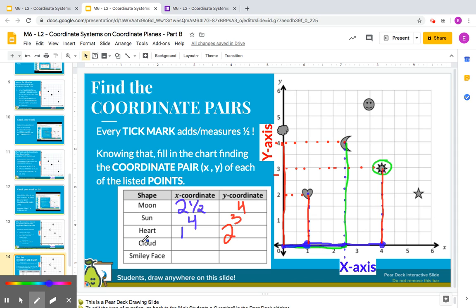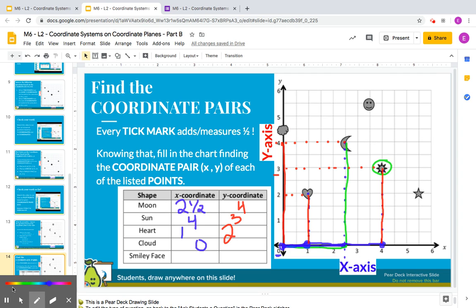Now let's see my cloud. Found my cloud. See where it goes on the x-axis. Well, my cloud doesn't go over. It stays on this origin, meaning where x is equal to 0. So my x-coordinate is 0 because it doesn't move over. It stays at the origin.